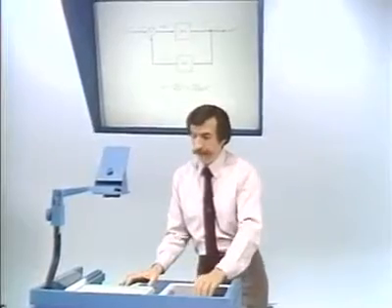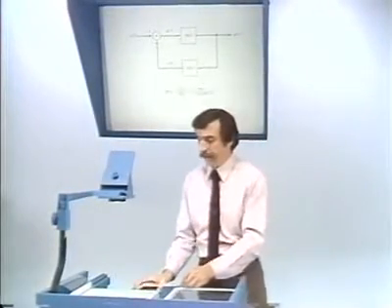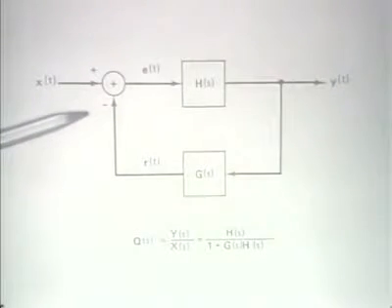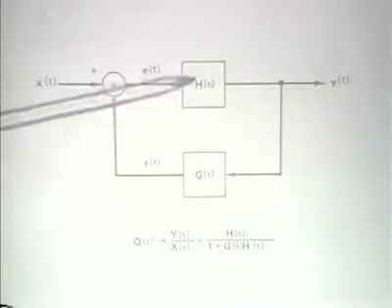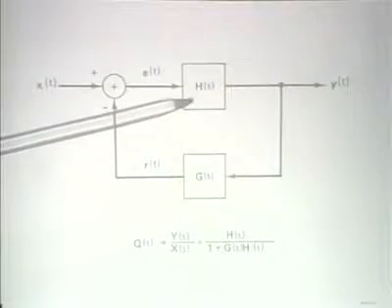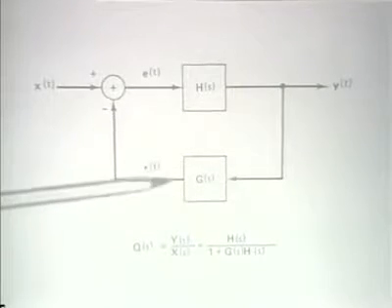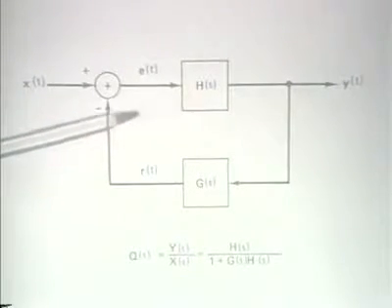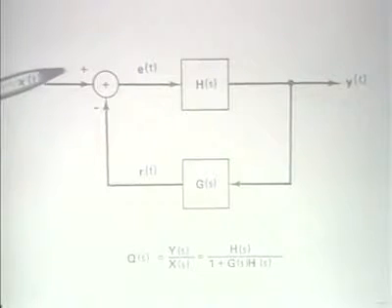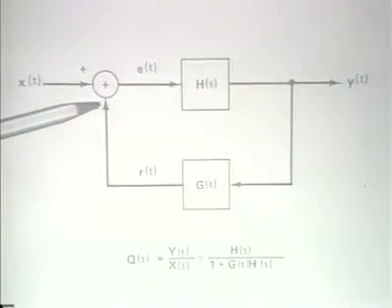And now what we've done is simply abstract out any of the applications to a fairly general system in which we have a system H(s) in what's referred to as the forward path, and a system G(s) in the feedback path. And the input to the system H(s) is the difference between the input to the overall system and the output of the feedback loop.